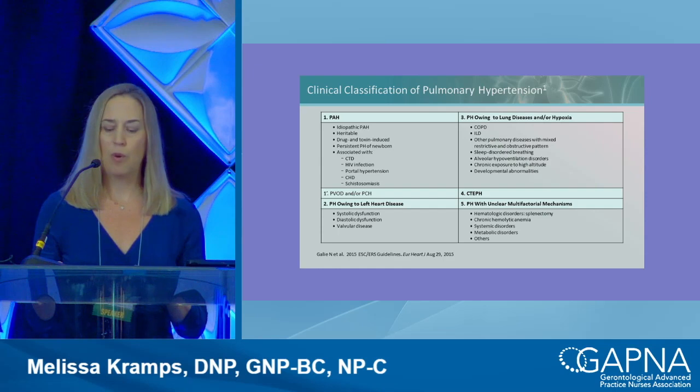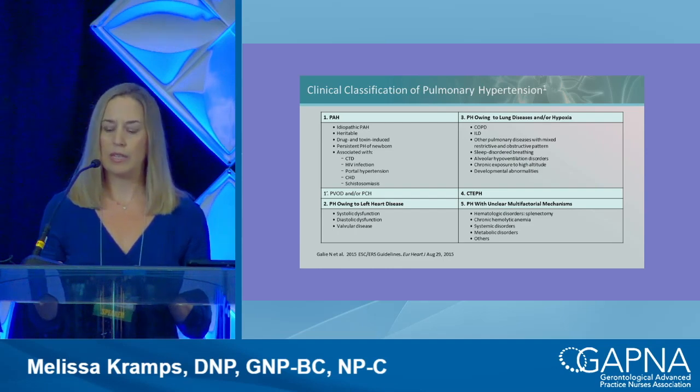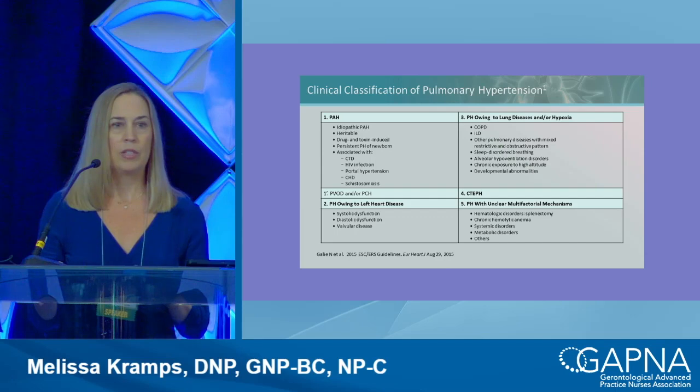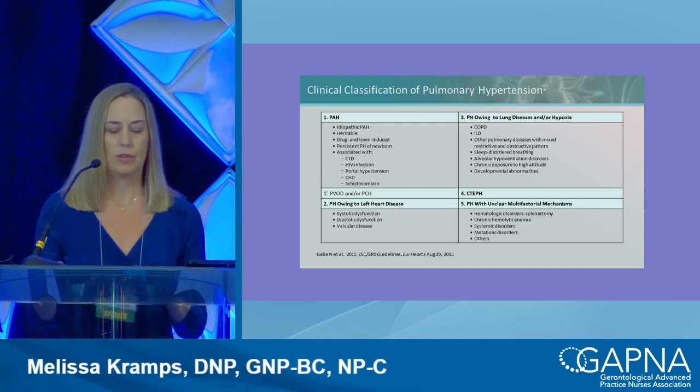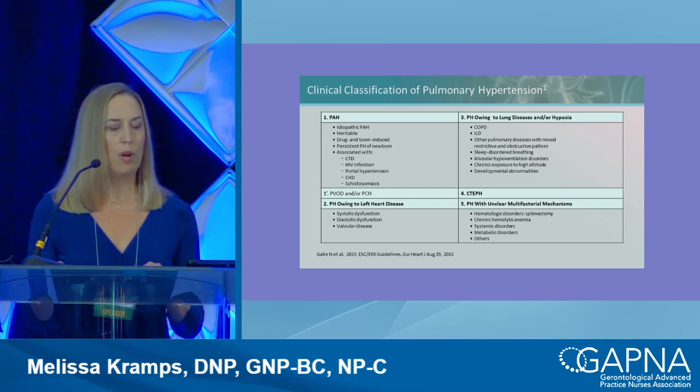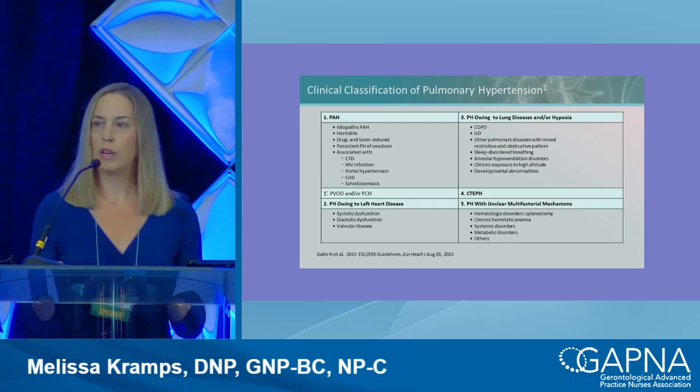Group 2 is post-capillary. This is elevated pulmonary artery pressure related to left heart disease. These are the patients with left heart failure or valvular disease. This population does not respond well to our vasodilator therapy because the left side of the heart cannot handle the increased blood return. Group 3 pulmonary hypertension is due to lung disease and/or hypoxia.